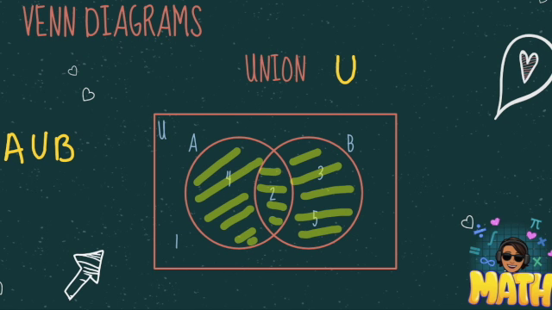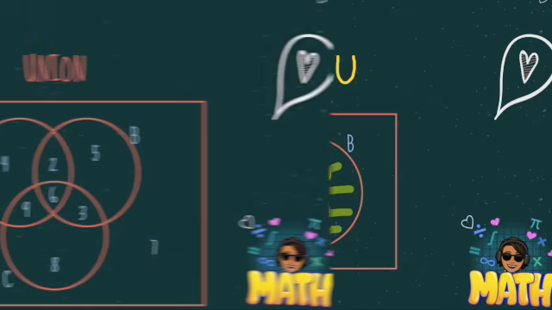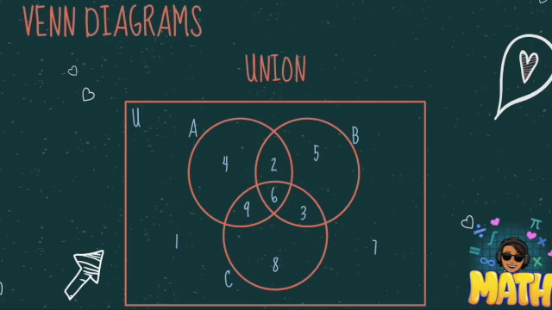So in this case, the elements that belong to the union are 4, 2, 5, and 3, okay?